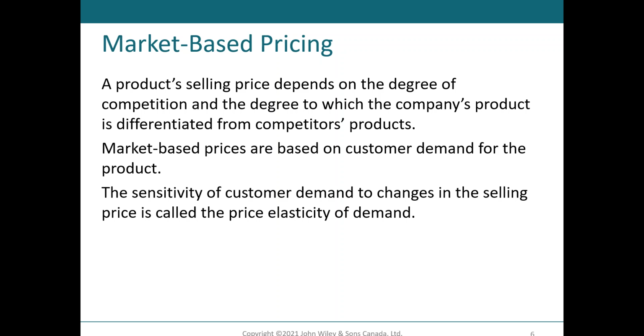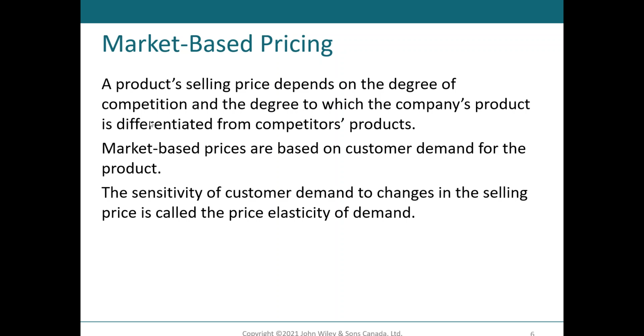The competition is there and the customers are sensitive to the price. So when they launch a new product, they have to make sure it is within the price range. If they come with a price that is either too high or too low, then they have to differentiate themselves from the product.